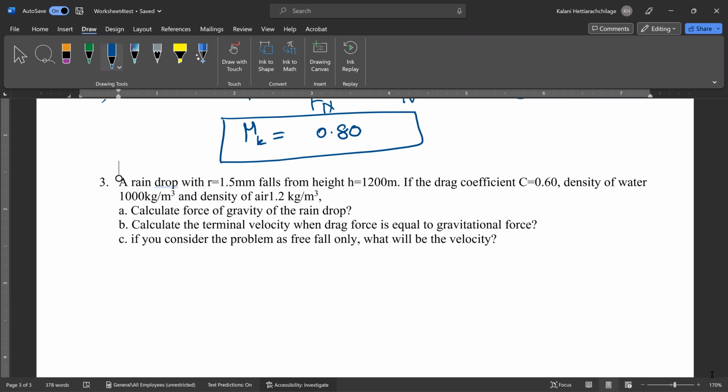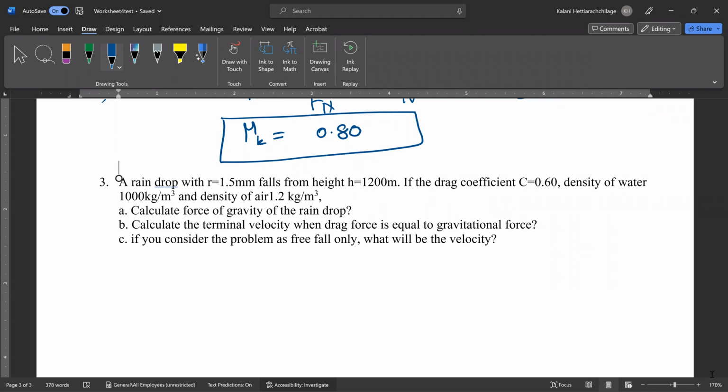But when there is air resistance, there should be a drag force. When the drag force is equal to the force of gravity, the object is not in free fall anymore; it reaches the terminal velocity and moves with that constant velocity until it hits the ground. That's why drag force is important.